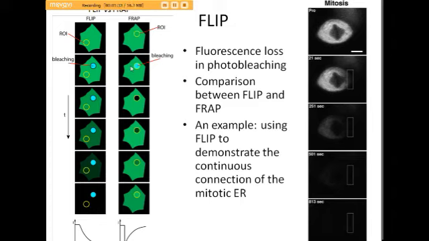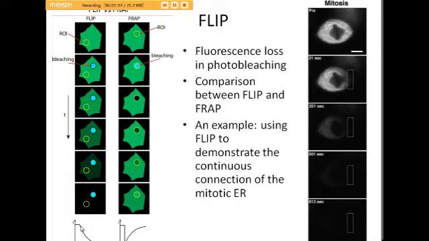So this is different from FRAP. During FRAP, the ROI is the region for photobleaching, and this ROI is also the region for continuous monitoring of its recovery and its intensity. So here is a FLIP curve. The ROI at the beginning, before photobleaching, is constant.